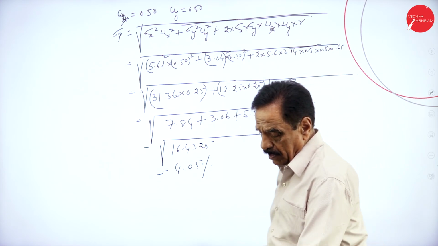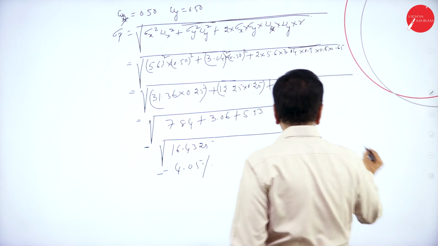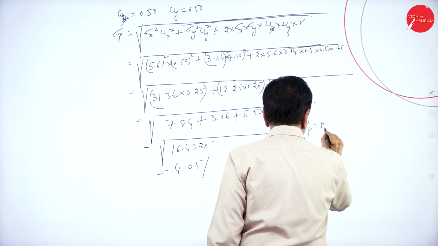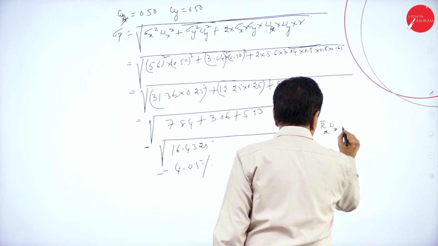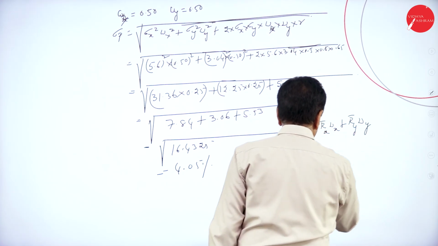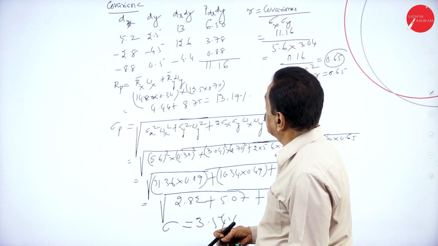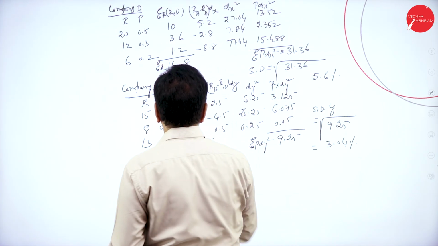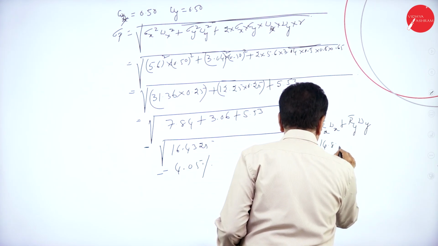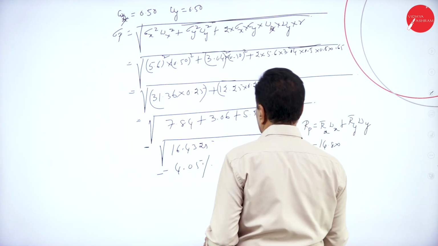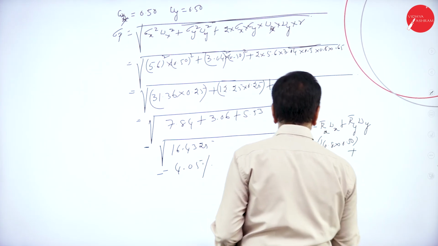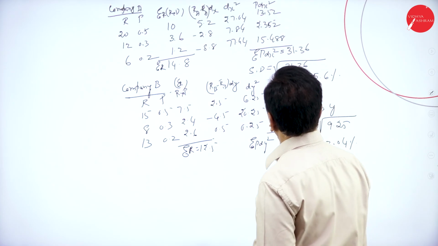percentage. Last one, return on portfolio: R mean X, WX, plus R mean Y, WY. R mean X is 14.8 into WX 0.50 plus what's your R mean Y?